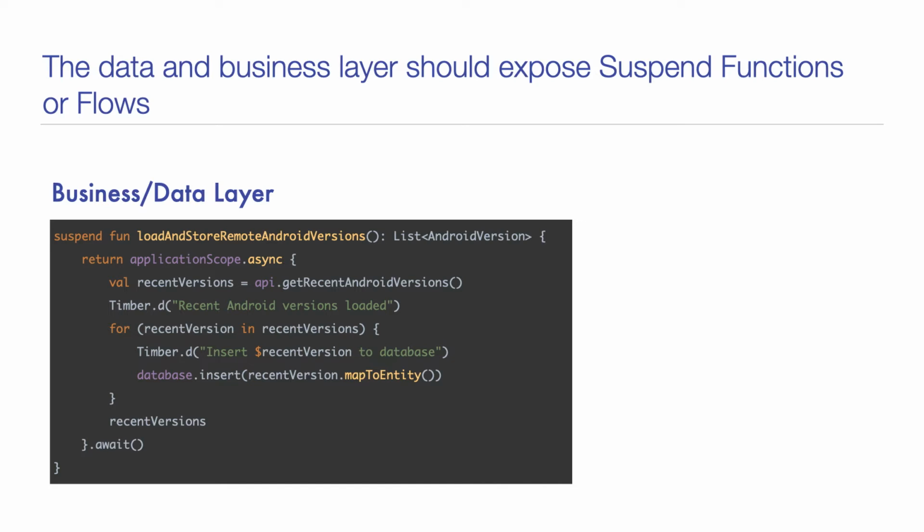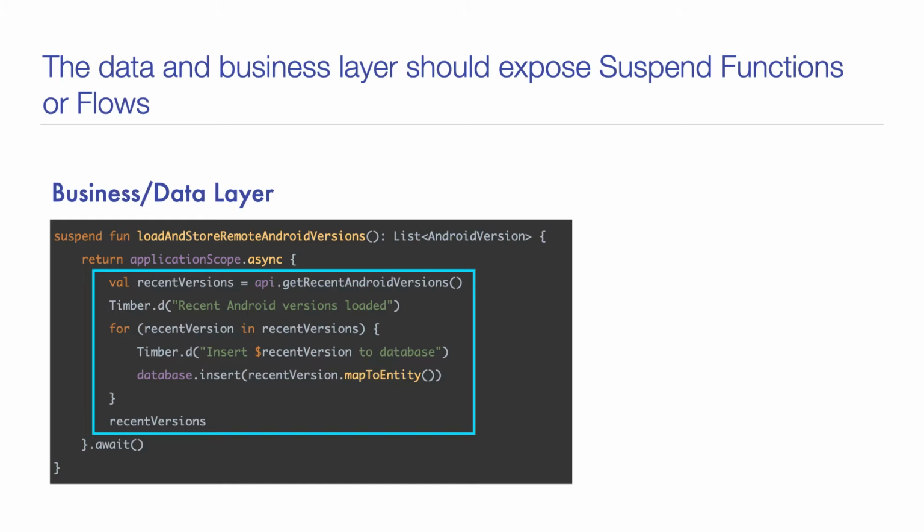You can see a real-world example of this situation on the screen now. Here, once the network request to load the Android version is initiated, we never want to cancel it again, even if the coroutine that called the suspend function is cancelled. But instead, we want to store the result in the database cache.